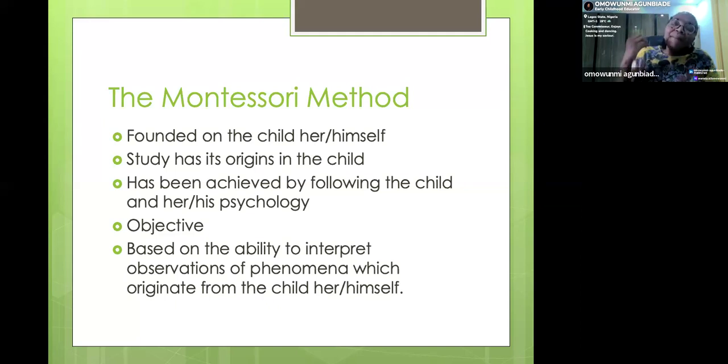So everything about the Montessori method was on the child. It was not based on any kind of theory from anywhere, but on observation. Tried and with result. And because the human is universal, what we work for the child in Asia, we work for the child in Africa.